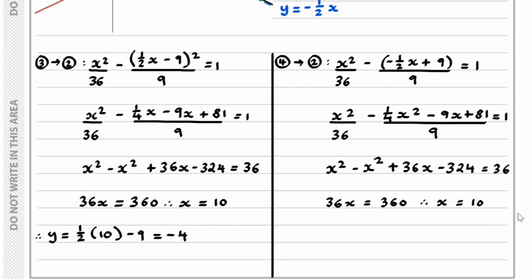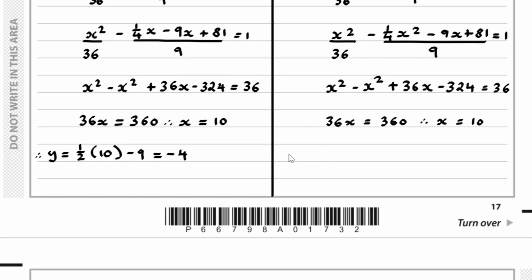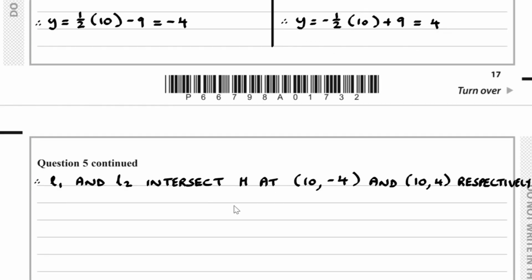X is 10. And therefore the corresponding y coordinate, we've got minus 1/2 lots of 10 plus 9, which is equal to 4. L1 and L2 intersect H at 10, minus 4 and 10, 4 respectively.